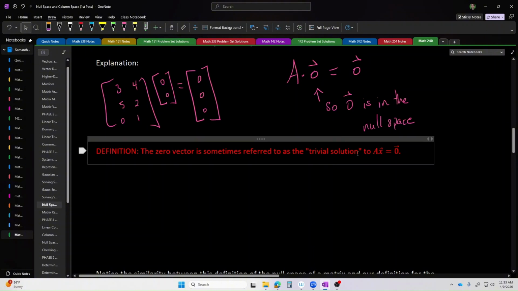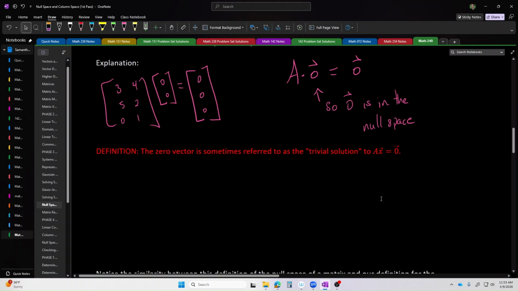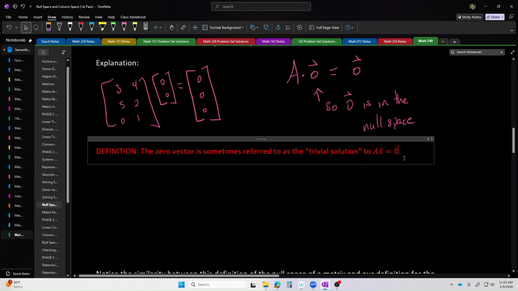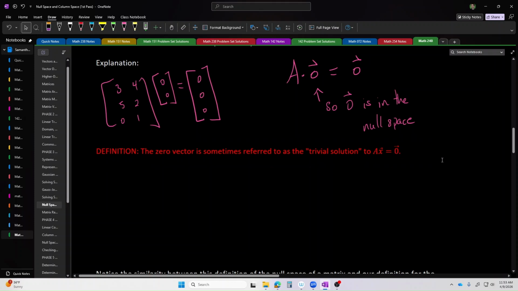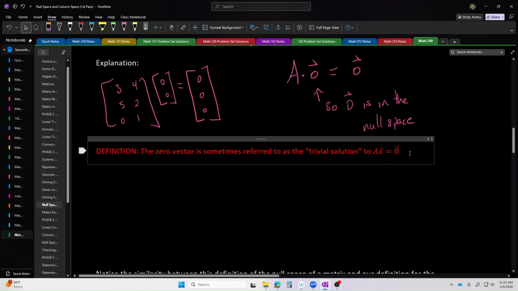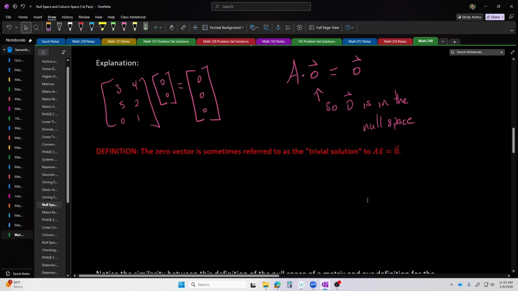So when you're in this particular context of thinking about your matrix turning stuff into 0, sometimes the 0 vector will be referred to as the trivial solution to this equation because 0 satisfies this equation. 0 is a solution to this equation, but because it's always the solution no matter what, it's not really giving you a lot of data about your matrix A or any of its properties. So the 0 vector, sometimes you'll hear it called the trivial solution.